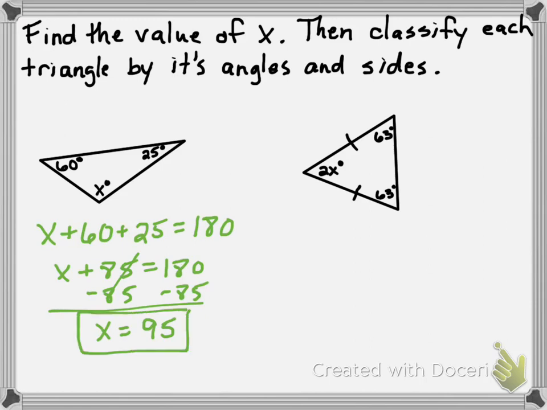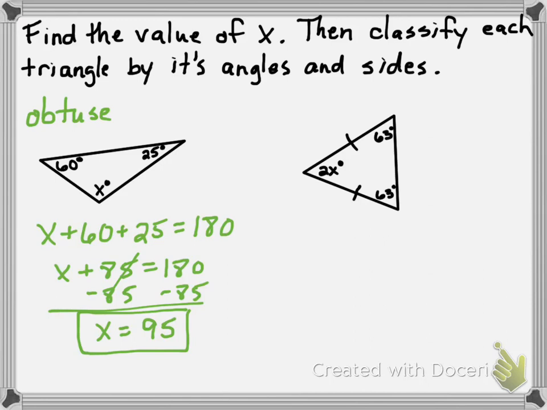Now I have to classify. 60 is an acute angle, 25 is an acute angle, and 95 is an obtuse angle because it's bigger than 90. So this is an obtuse triangle because it has an obtuse angle in it.